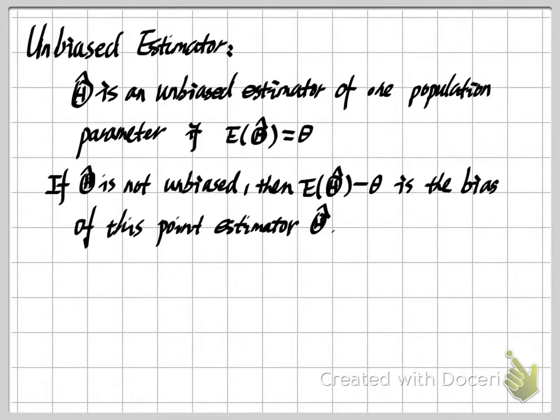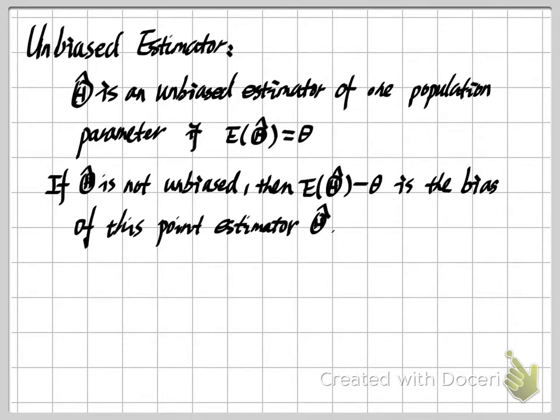One is to use the sample mean to guess the mean of our population. The other is to use the sample median to guess the mean of our population. Both are actually acceptable point estimators. However, we want to know which one is better.